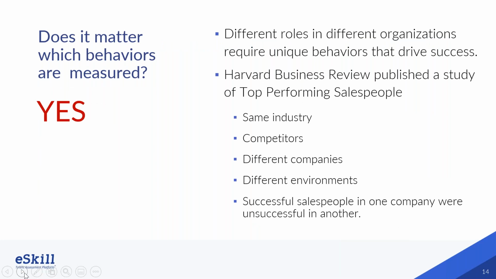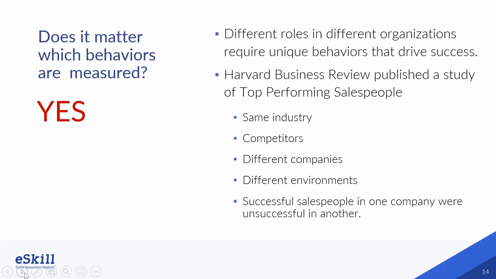All right. I basically got ahead of myself without switching the slide. So it doesn't matter which behaviors are measured. Yes. And it's not consistent across the board. All right. There was a Harvard Business Review study that was published that looked at top performing salespeople that moved from one organization to another. And typically, I think it was over 80% of them failed at the new organization because they didn't have the skills and the behaviors that were needed in that environment.